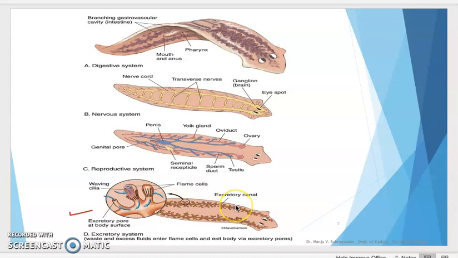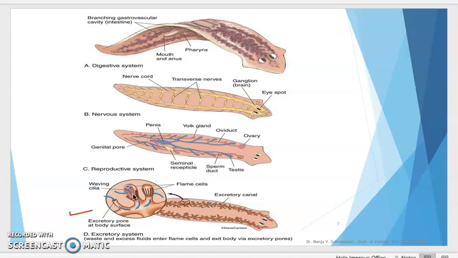the excretory canal, and they are joined together anteriorly by a network of transverse canals. There are small canals which lead to the flame cells, which open to the outside. So these flame cells are the structural and functional unit of excretion and osmoregulation.